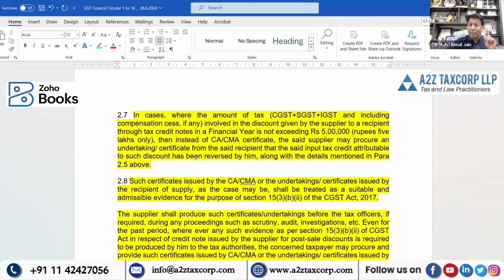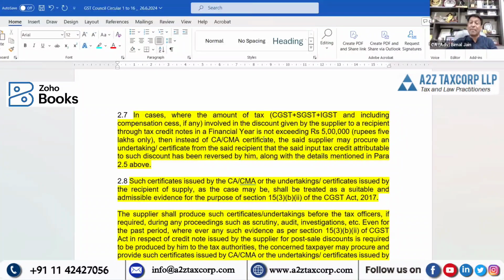So it is only talking about the tax component on the credit note. Please bear in mind, it's not the amount of the credit note, it's the tax component on the credit note which is not exceeding 5 lakh rupees. In that case, instead of a CA, CMA certificate. So quite obvious. Conversely, if it is more than 5 lakh, CA, CMA certificate.